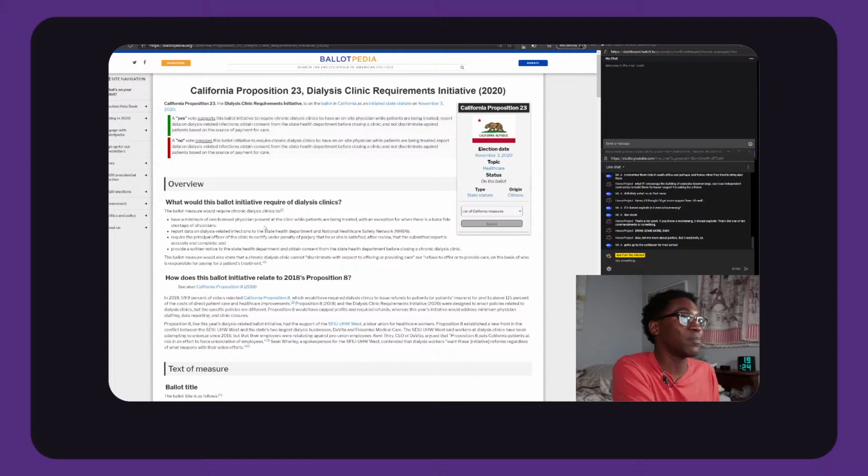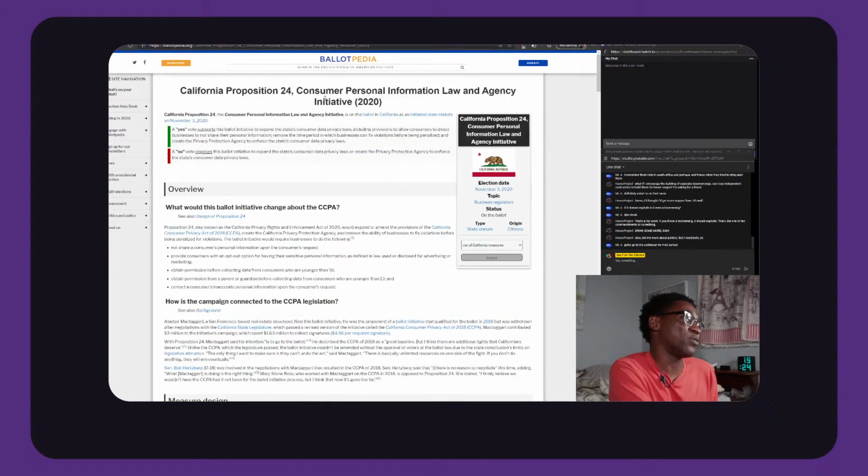So yeah, I would say yes on this, mostly because it will piss off the pro-dialysis people, and will provide protections.